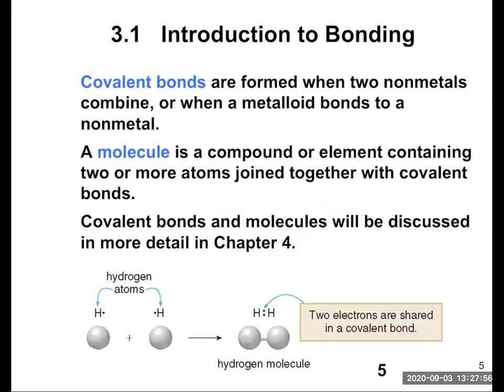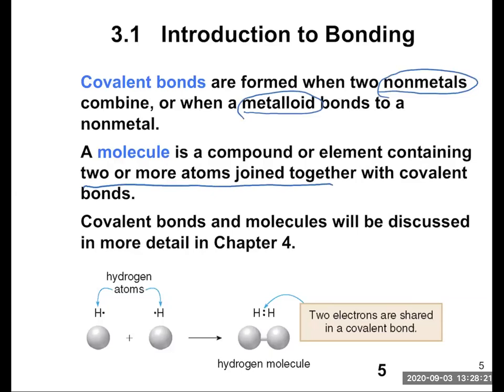Covalent bonds are going to exist when you have two nonmetals. We have roughly 19 nonmetals on the right of the periodic table. They sometimes also combine with a metalloid. When they combine, they form a molecule. A molecule is a compound or element containing two or more atoms joined together through a covalent bond.